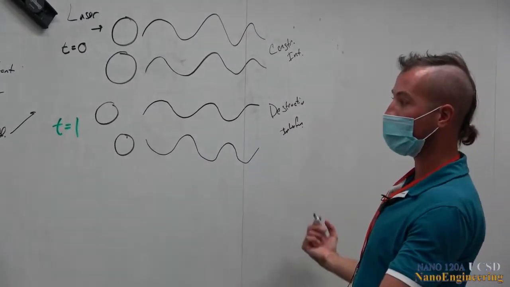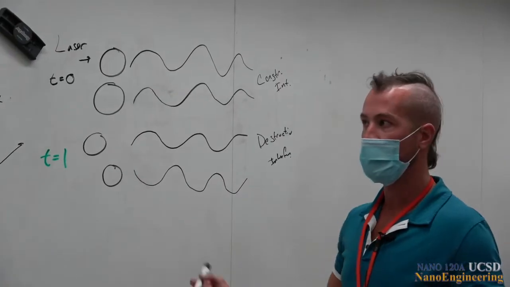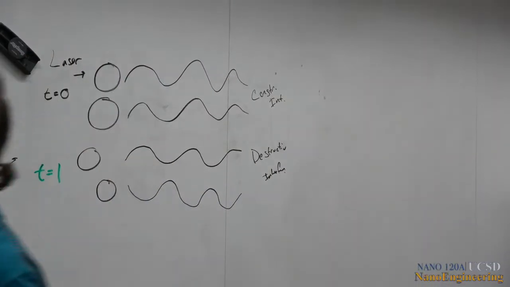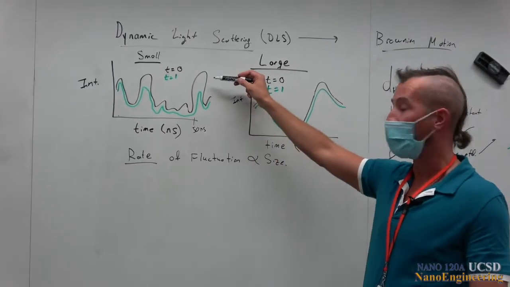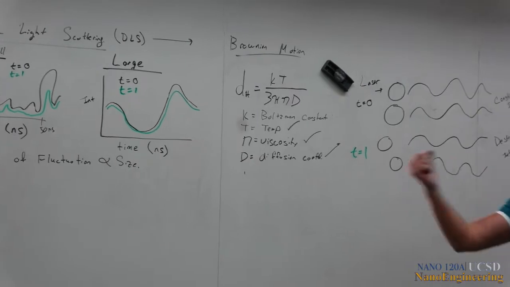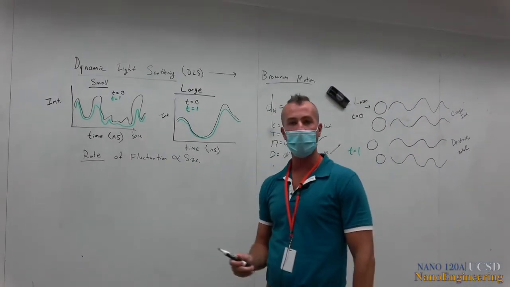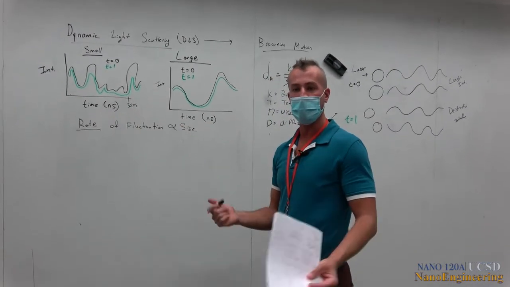So these are obviously the extreme cases, but this is what would cause this difference in intensity over time. That's why this green curve would be different relative to the black curve. Okay? Because you would have particles in different space, and therefore you would have a different, very short 50 nanosecond intensity spectrum.